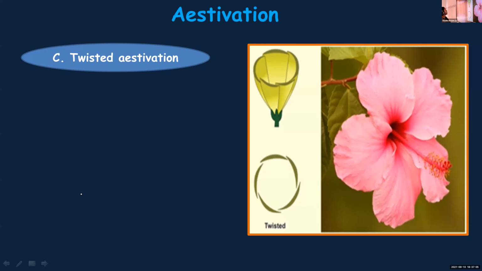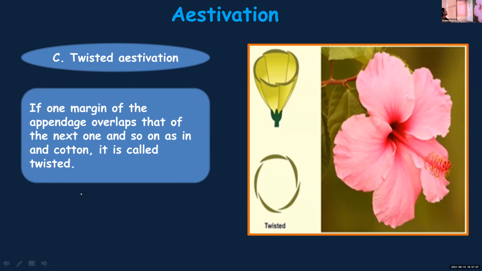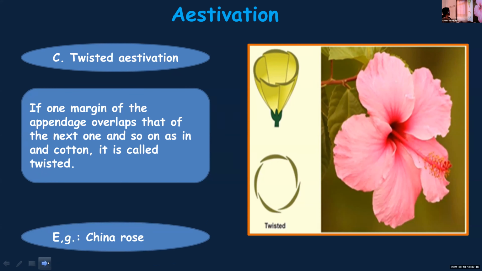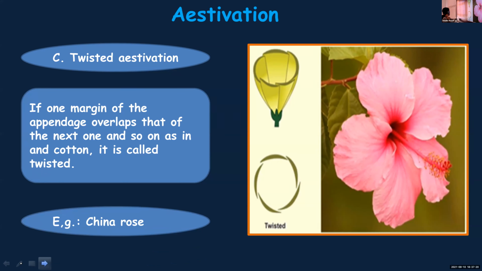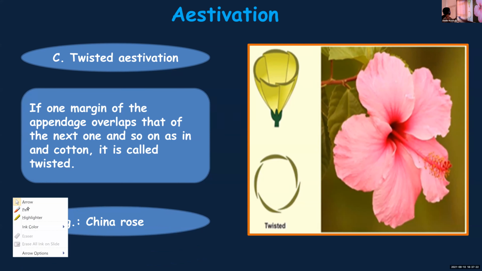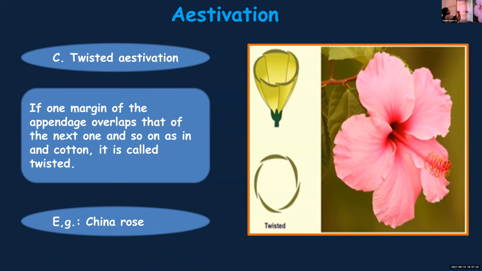Twisted aestivation. Here one margin of the appendage overlaps that of the next one and so on, as in cotton and China rose, and you call it twisted aestivation.